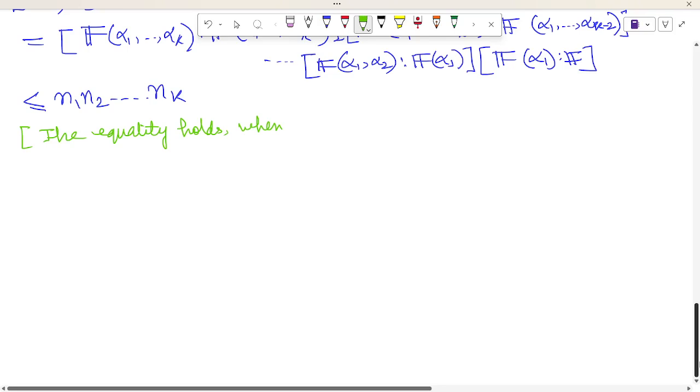When the degrees are equal, that means the minimal polynomial divides, but if it is actually equal, the degree will not change.